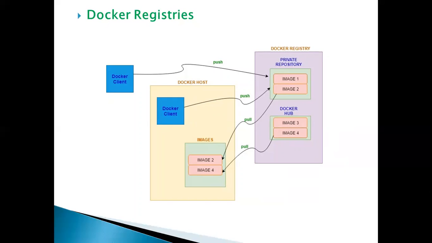While importing to the Docker host, you have to use the docker pull command. And whenever you want to push to your private registry, or a public registry, you can use the docker push command to push it to Docker Hub, so it can be available for other users. They can use the images you created. The Docker client can be on the same host or on another host.